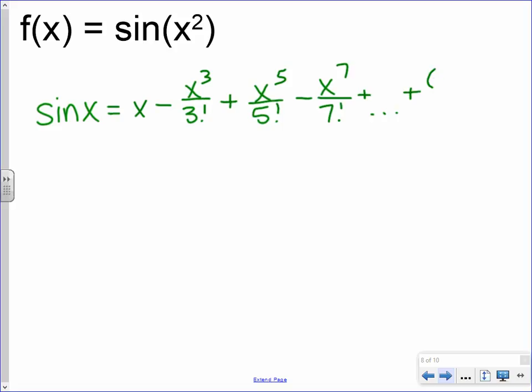Our general term is negative 1 to the n, x to the 2n plus 1 over 2n plus 1 factorial. We know that we're going to remember it.